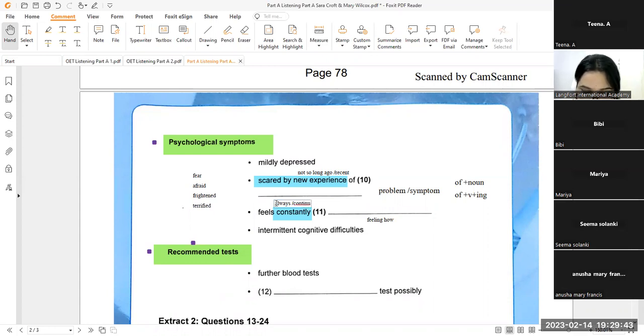Yes, continuously or persistently. Or you can also say persistent, persistently. All those things. Okay, all right. So here we are trying to figure out the patient's constant feeling. How does the patient feel constantly? What is a persistent feeling? Okay, all right. 12th one.